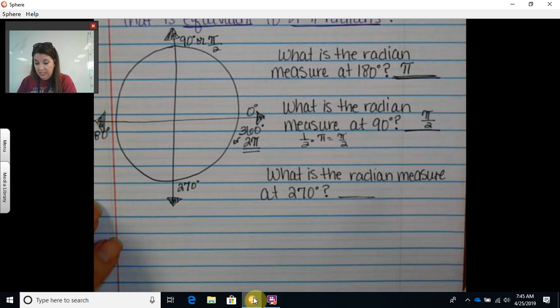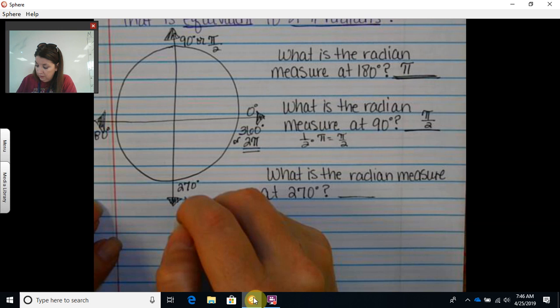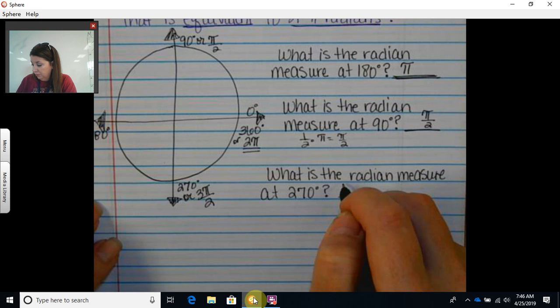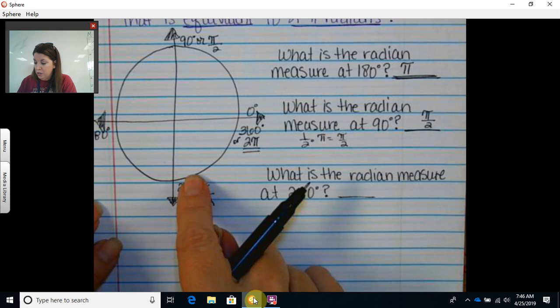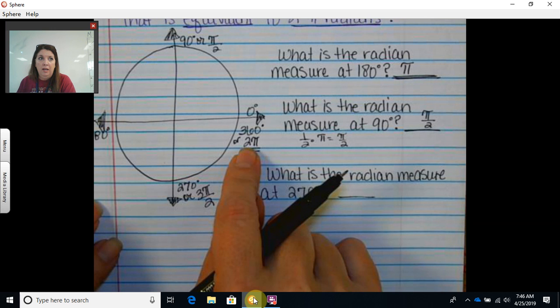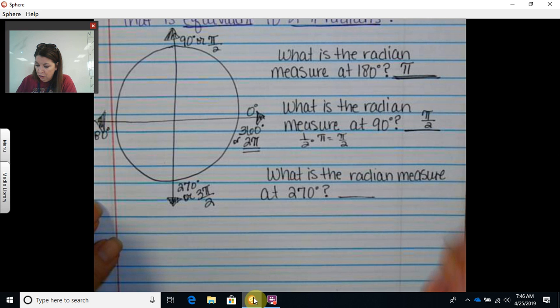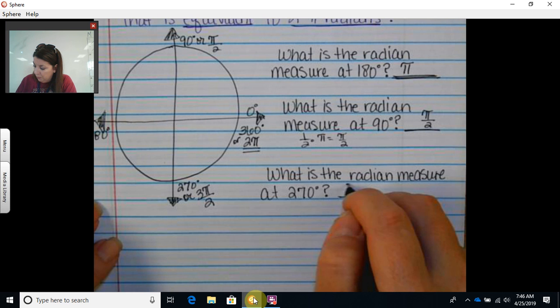The way we'll write it is 3/2 pi. Okay, that's how you'll see it. So 3 pi over 2. Because that is 1 whole pi, right, and another half. Or you could say 3/4 of 2 pi and reduce the fraction. Either way, you're going to see it written as 3 pi over 2.